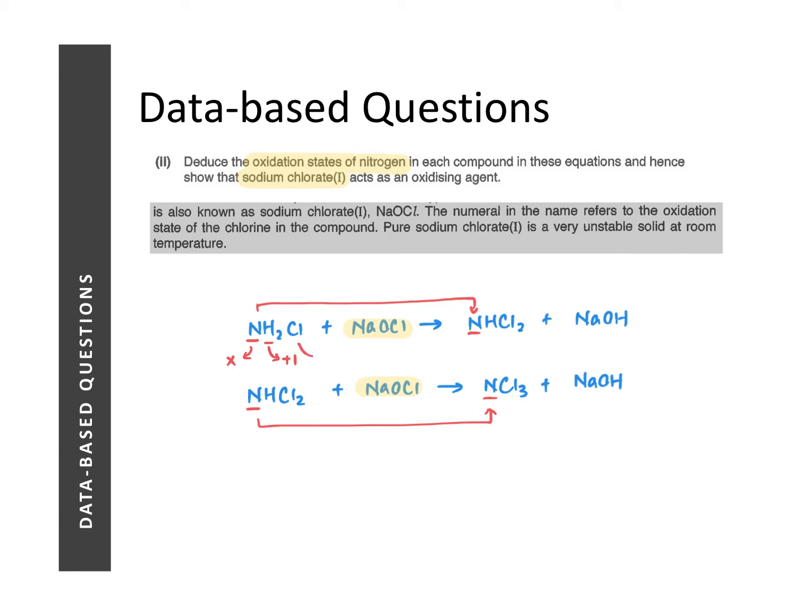Another clue given in the question is that should chlorine have an oxidation state that's not -1, it will be reflected in the name as the Roman numeral. Do you all recall that in the earlier part they told you that in sodium chlorate(I), the I represents the oxidation state of chlorine.